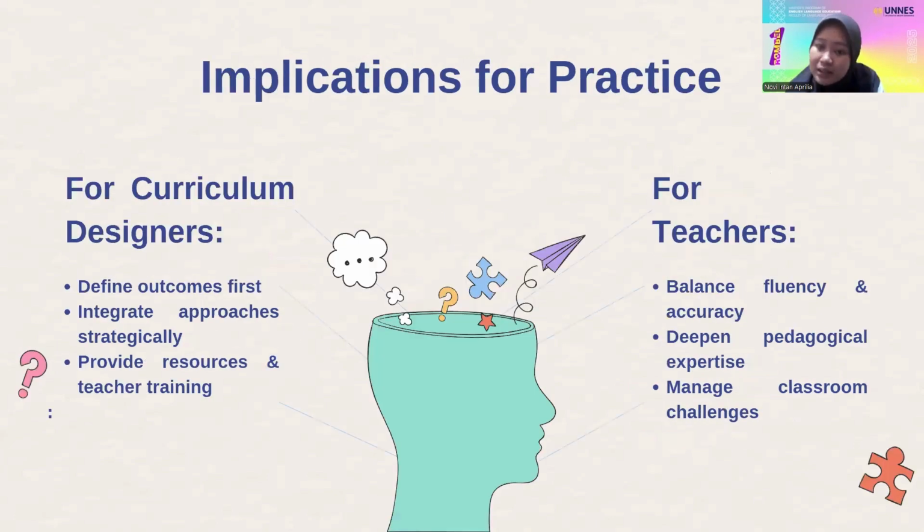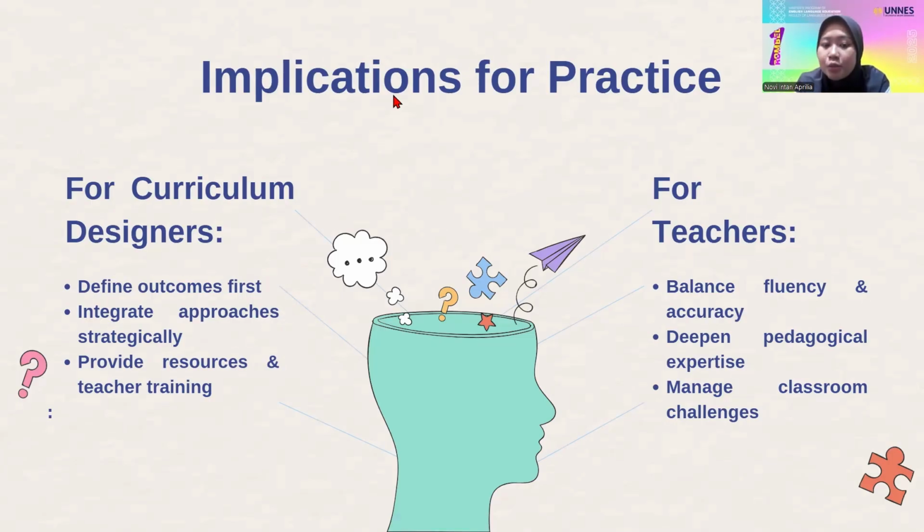Okay, next please. Okay, the implications for practice. For curriculum designers, the first is you need to define the outcome first, and the second, you can integrate approaches and their strategies.